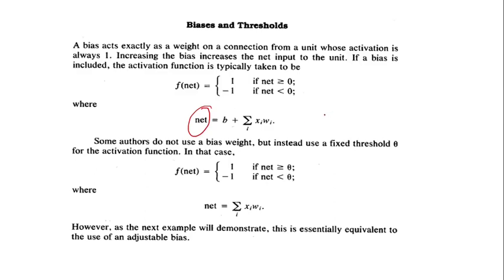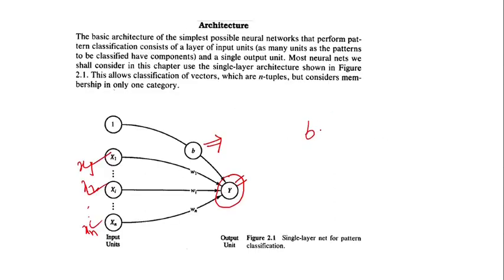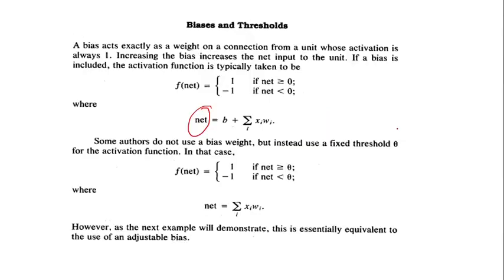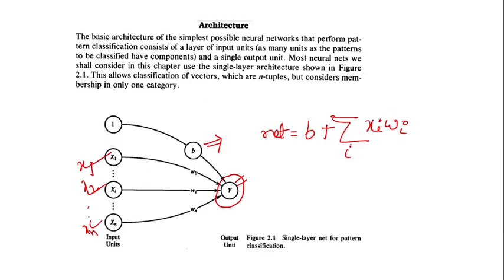Net output equals bias plus summation of xi wi, and this i goes from 1 to n. If you don't write anything at the top, it will be 1 to n by default. It has gone up to n, xn.